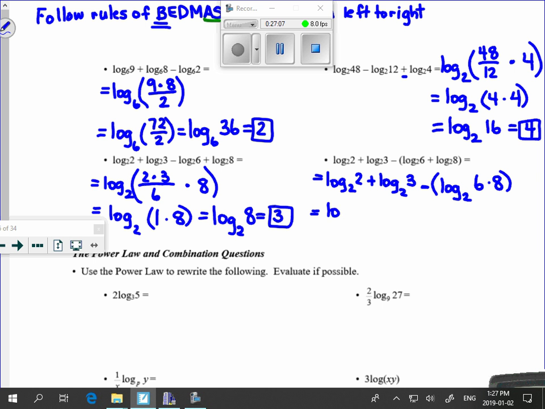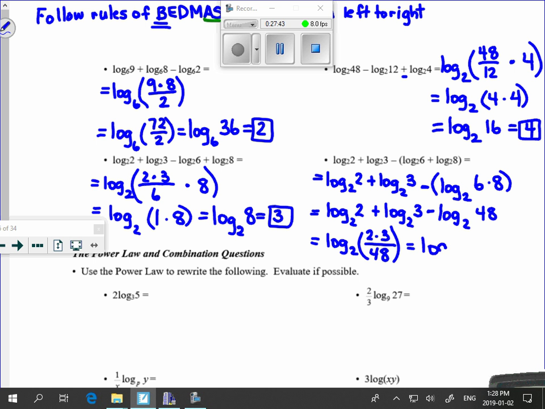So we've got log in base 2 of 2 plus log in base 2 of 3 minus log in base 2 of, 6 times 8 is 48. Okay, so now I'm going to put this in one single log. So that's log in base 2 of, my numerator I'll have 2 times 3, and my denominator I'm subtracting now, so on the bottom will be 48.